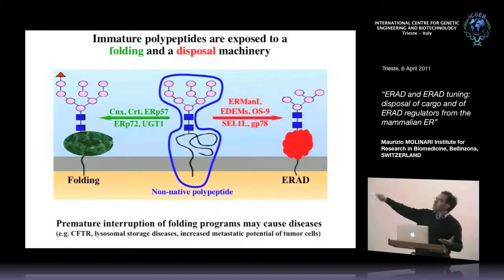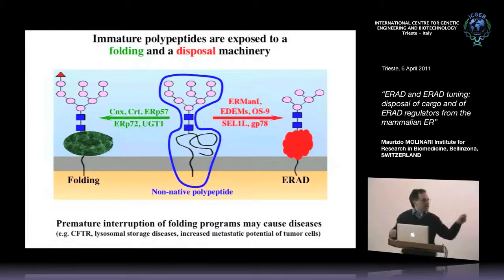But in the same compartment, you have a few guys that would like to take this non-native protein outside, destroy it, because these guys understand that this is not mature. It has maybe not enough time to mature. If the concentration of the chaperones is too high, the risk is that you trap this before actually attaining the native structure and destroy that. And this is linked to diseases.